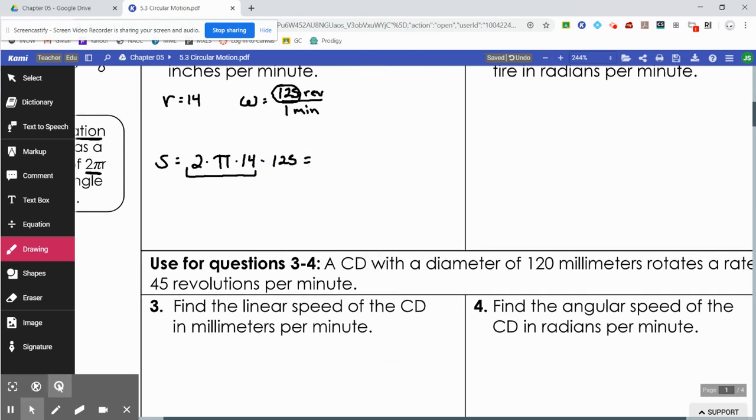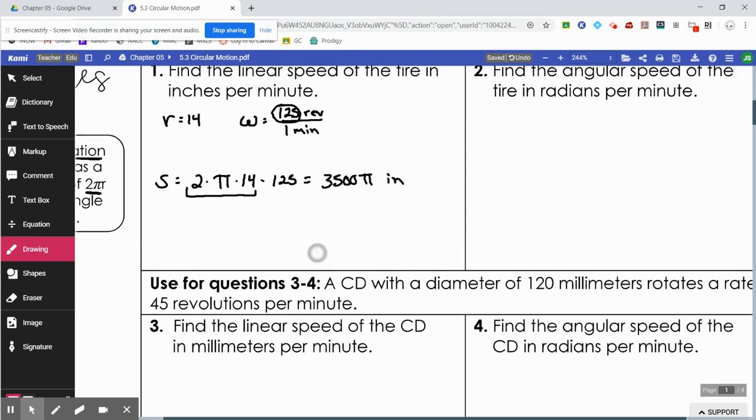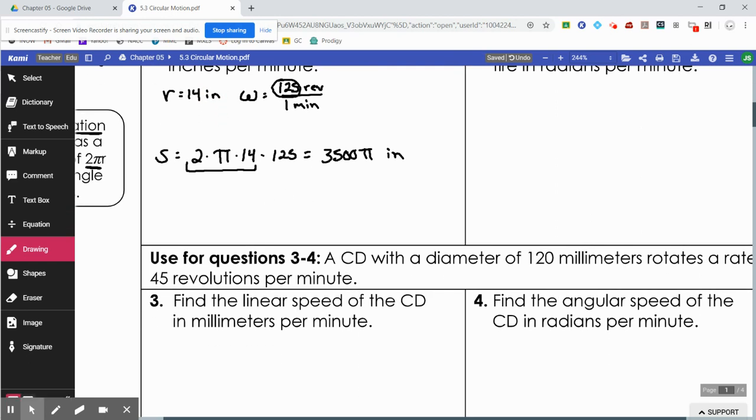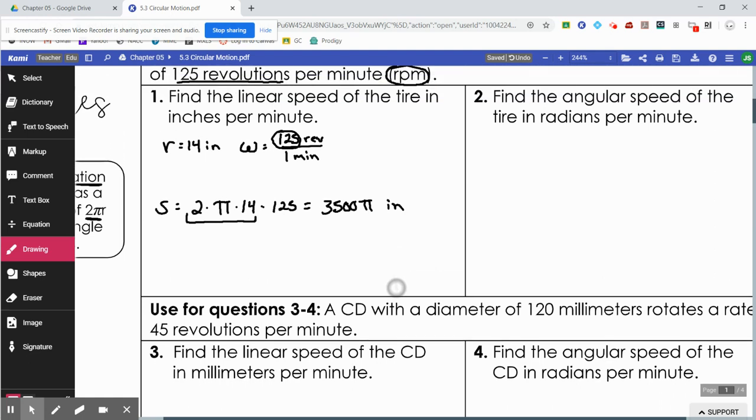Multiply all that together and you get 3,500 pi inches, in inches because the radius was in inches. So in this 1 minute, we're rotating 3,500 pi inches.